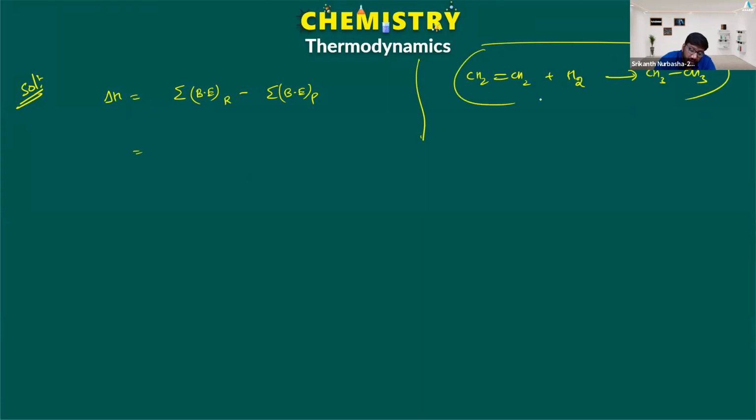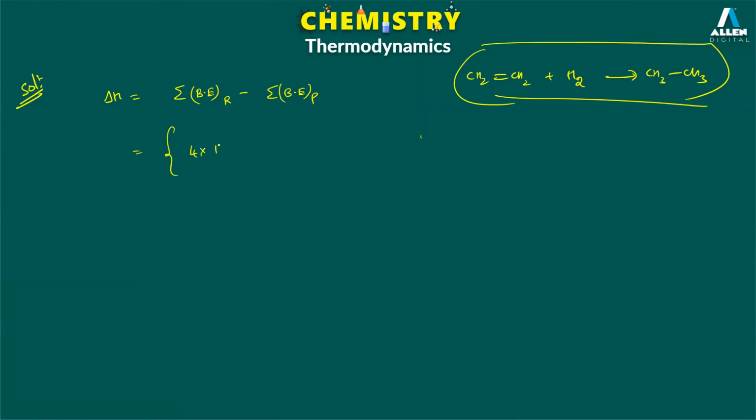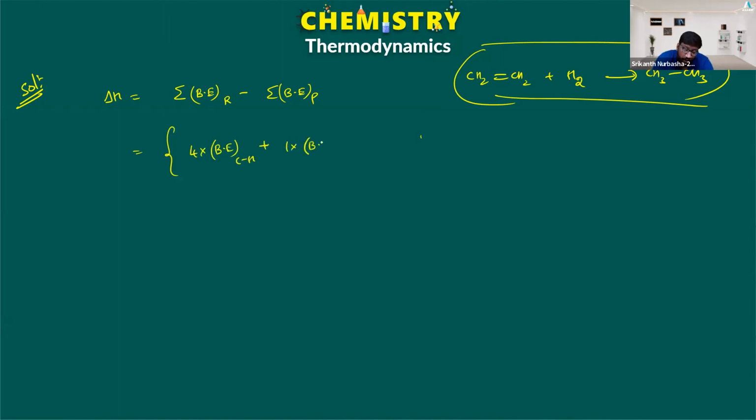Yes or no? That means in the reactants what type of bonds are there? We have 4 CH bonds. 4 into the bond energy of CH bond plus 1 into the bond energy of C double bond C plus 1 into the bond energy of hydrogen single bond. These are all the reactants. In the products we have 6 CH bonds plus 1 CC single bond.